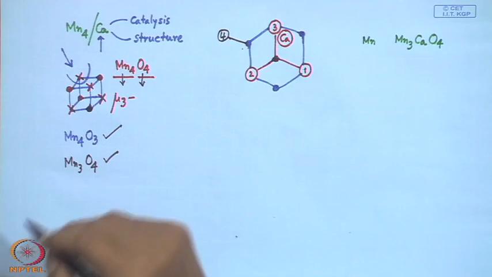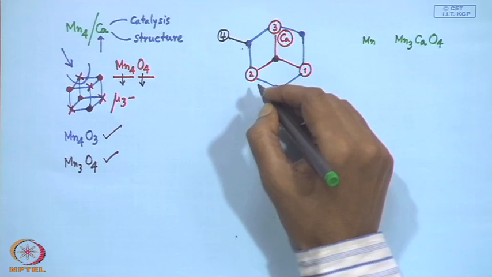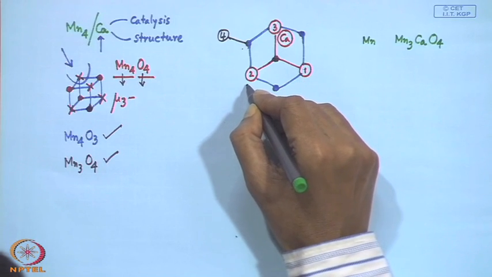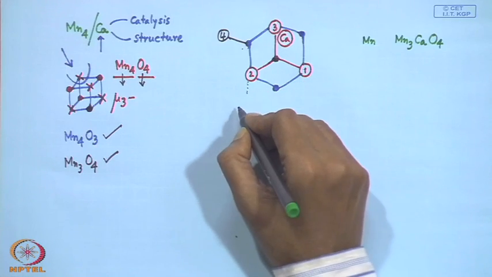So, this is your distant manganese, and about this O2 we should know a little about the environment.